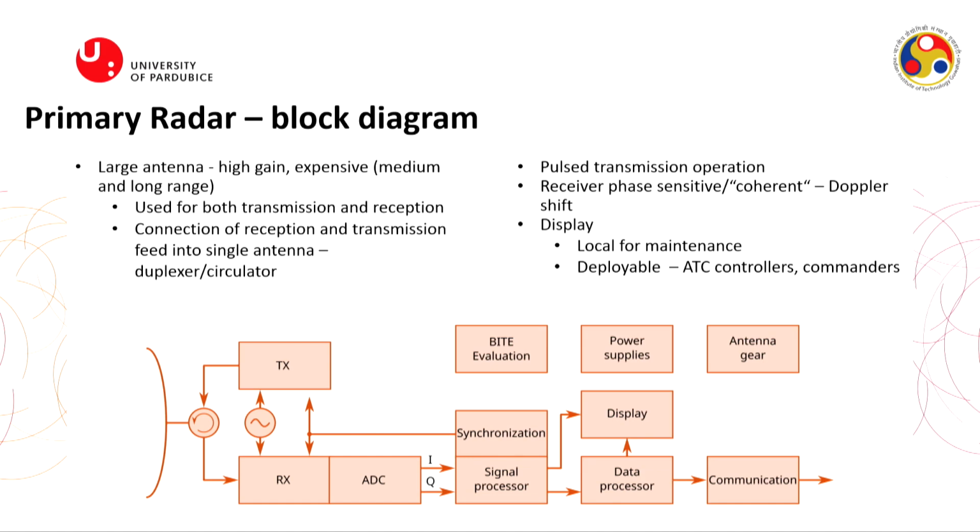The transmitter is typically a high power amplifier, because you need big power to illuminate a big area, and you know that power decreases with R squared. So your power decreases very rapidly, quickly to 0. But remember, you want to detect targets up to, for example, 80 kilometers.